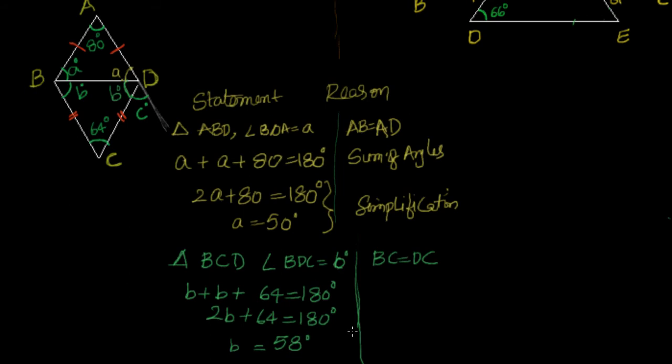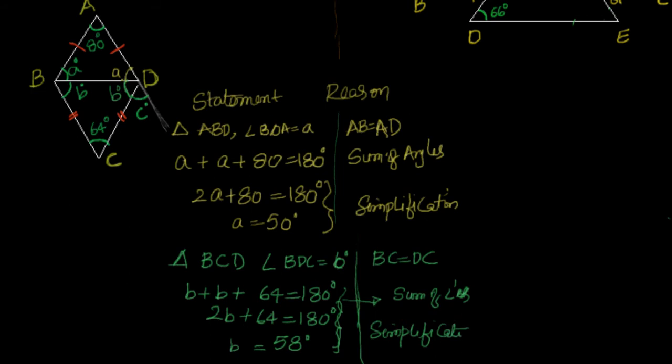Now what will be the reason for all this? The first statement, the reason will be sum of angles of a triangle should be 180 degrees. And the reason for the next two statements will be simplification.